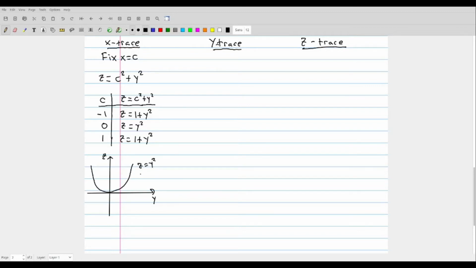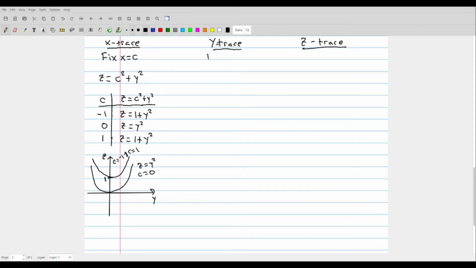Then both when c equals -1 and when c equals +1, you get a parabola that looks very similar, but it's shifted up by 1. And if you fix x at other values of c, you're going to get other parabolas.